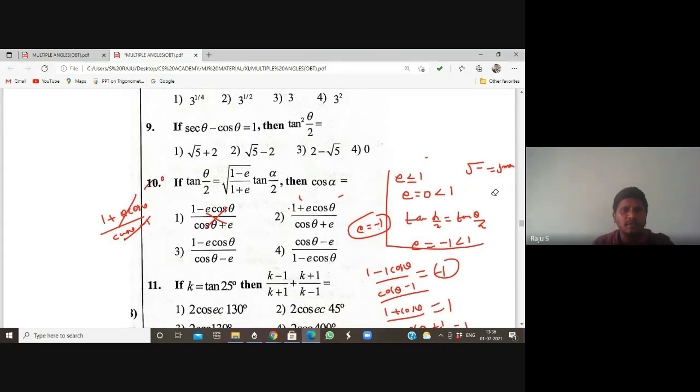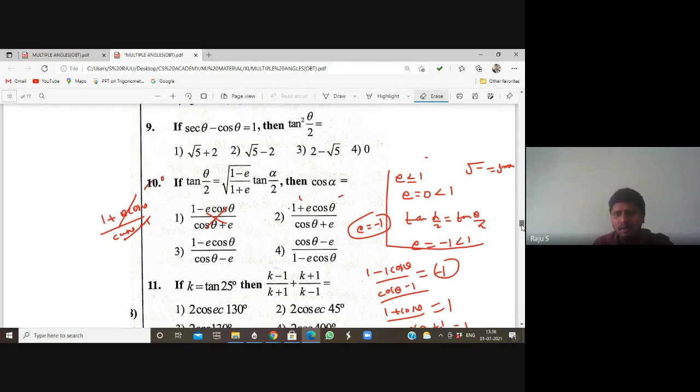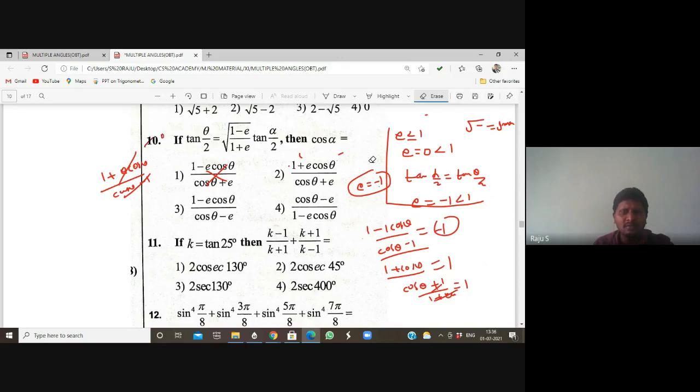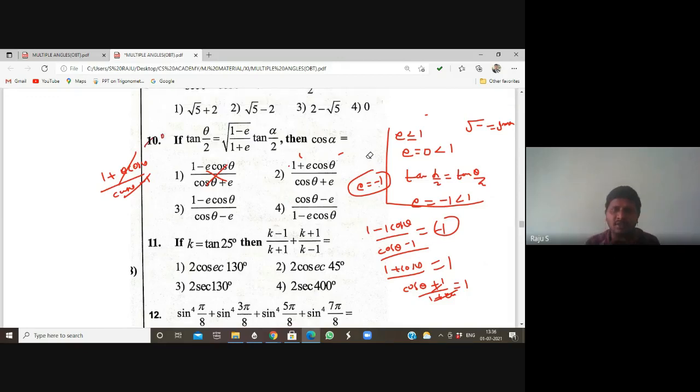So you might be given some different values of e and you can find that. And even for tan theta by 2, you can substitute some theta value also. Theta is equal to 0 you can substitute, and e is equal to some value you can substitute. Then you can verify the options also. Okay, two or three ways, but sometimes we may not get the correct answer while substituting theta and e values.